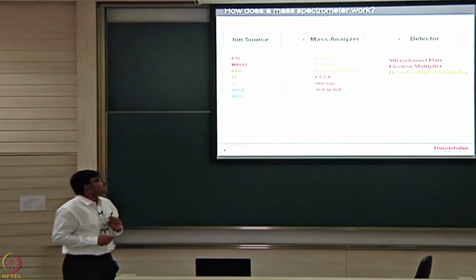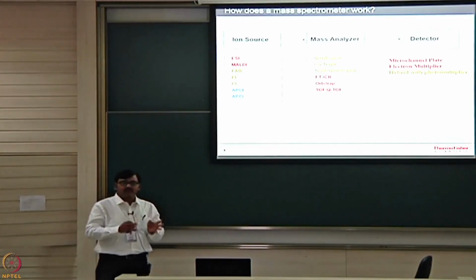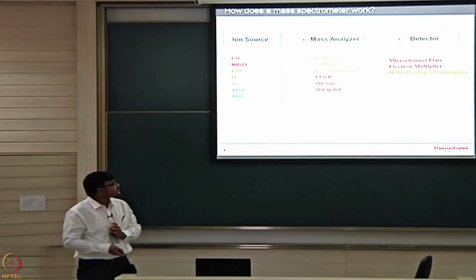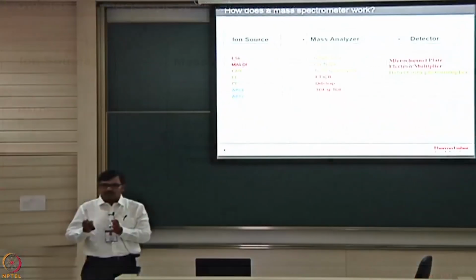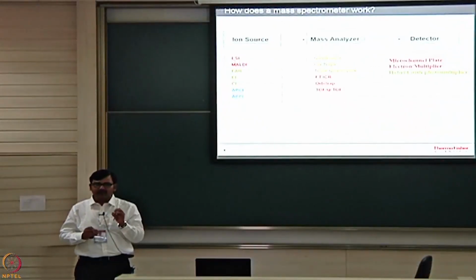Now come to the mass analyzer, where you separate your molecules. The most common, which everybody knows, is the quadrupole and TOF, time of flight. A quadrupole is not really an analyzer, I would say it's a filter. It can precisely filter which molecule you want.